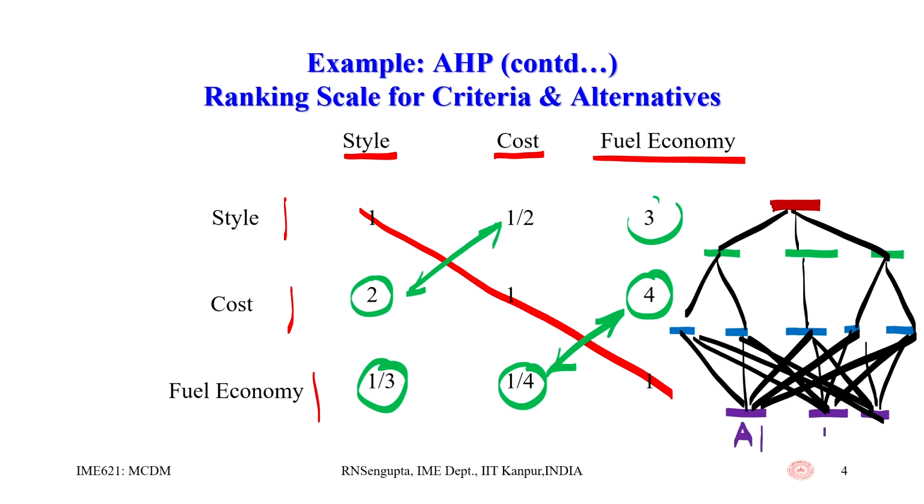This is A1, alternative 1, A2, alternative 2, A3, alternative 3, and if you remember, the criteria are marked by C1, C2, C3. If I consider the next level, I will mark in blue color.